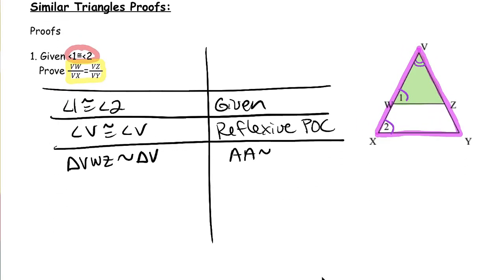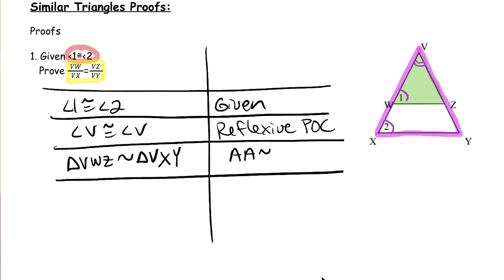We know that 1 and 2 match, so we're going to go to X because X corresponds with W. And then the one that is left that will correspond with angle Z is angle Y. So this allows us to arrange our statement so that all of the corresponding pieces are aligned.